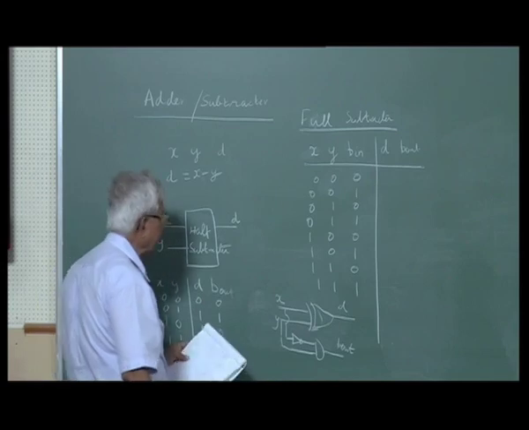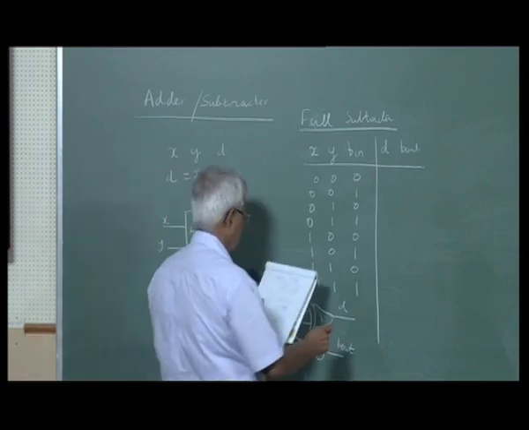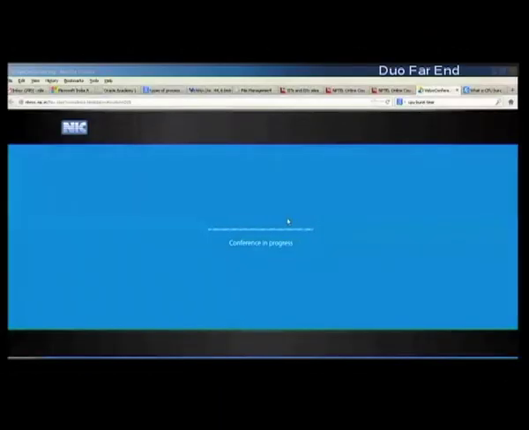Now the difference will be 0. Now I am subtracting x minus y, remember that. But we have a borrow also, so we will have a 1 as a difference and borrow 1.